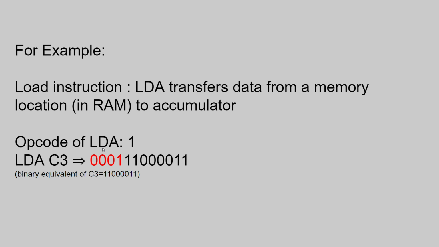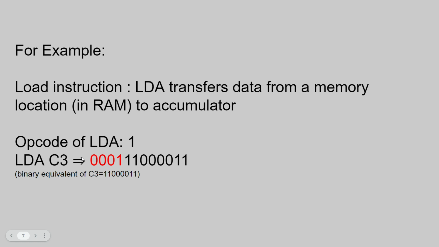So my control unit now knows that I have to load something. Load something from which location? The location is given by the operand that is 8 bits long. So this LDA is converted into this instruction, which my control unit now understands and will send corresponding control signals to the data path section for this instruction to be performed.